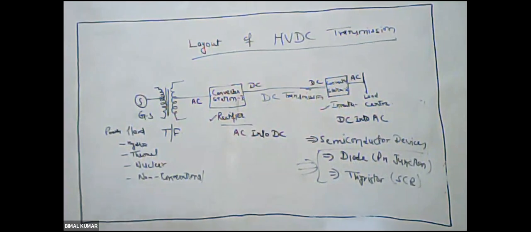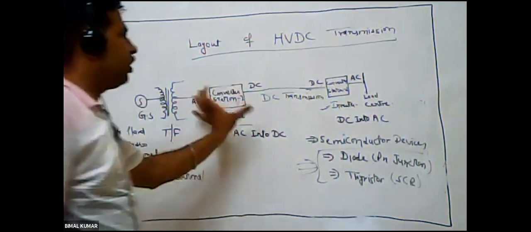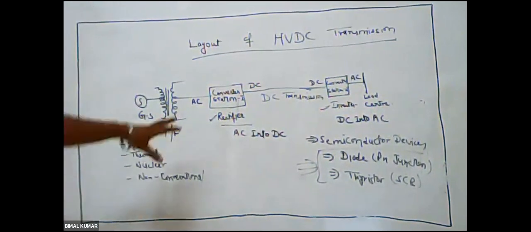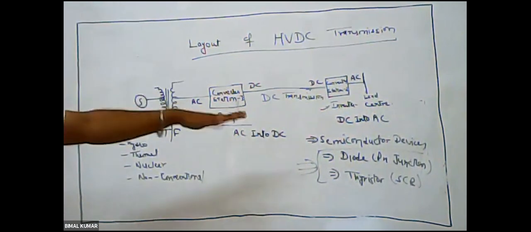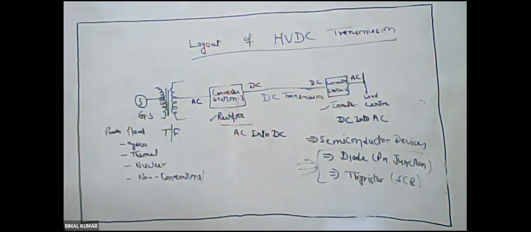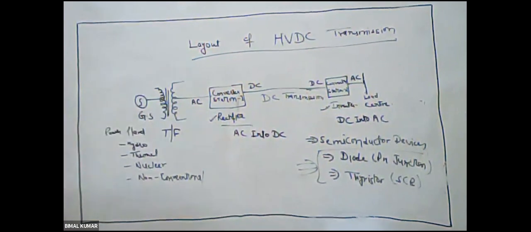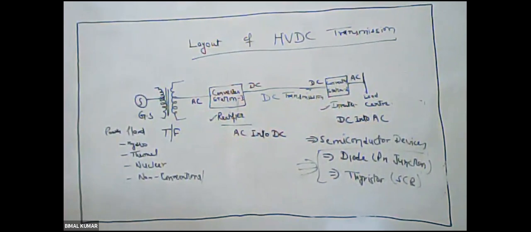We will be able to fabricate the converter stations with the help of either a diode or a thyristor, depending upon the requirement. So in this lecture we will study both of these, starting from the very basics of semiconductor devices.